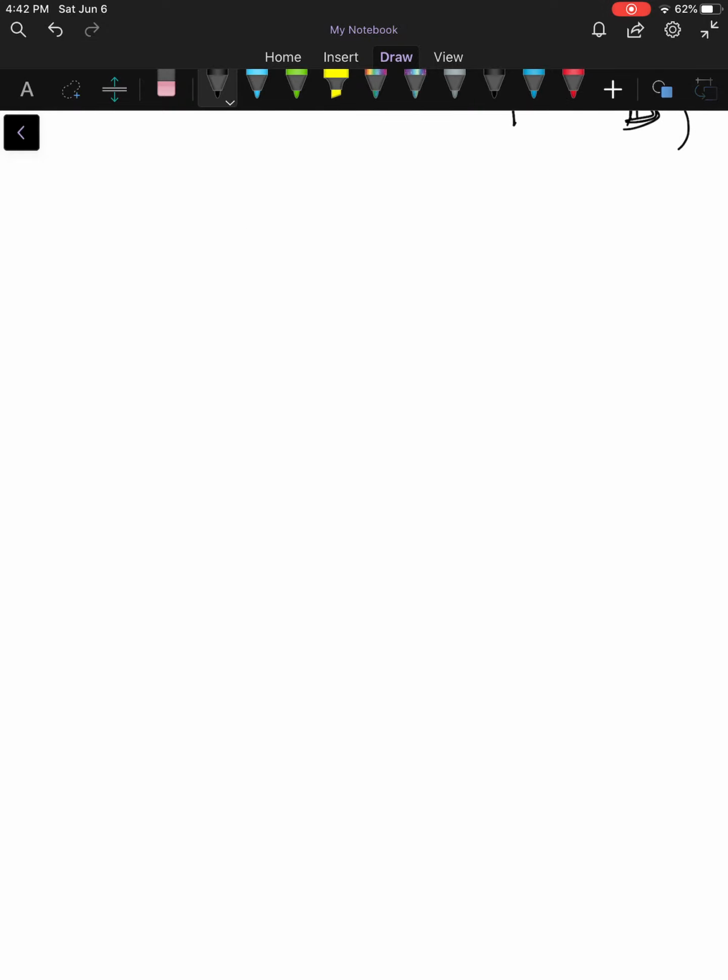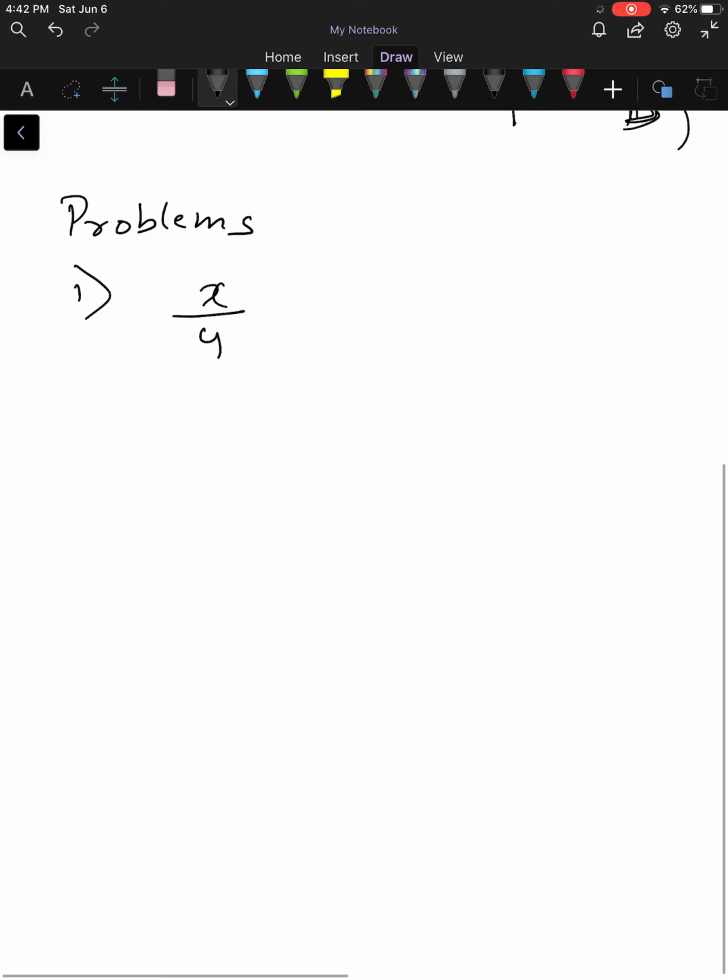Let us consider some compound fractions and simplify them. That would be an example, as well as you can learn the process of simplification. Problems. So first one, x divided by y plus 1 divided by 1 minus y divided by x.